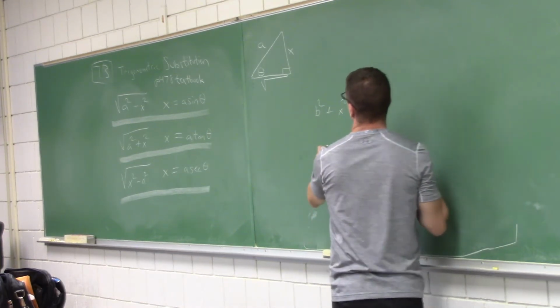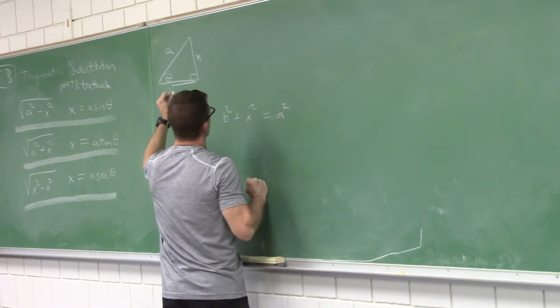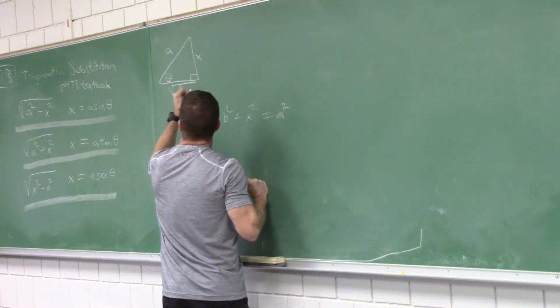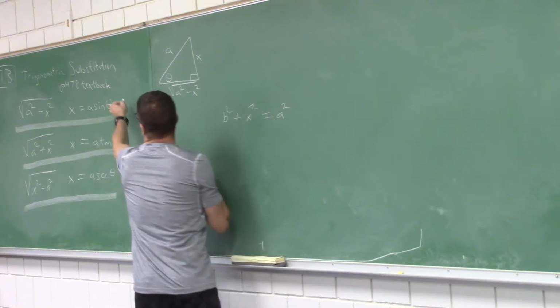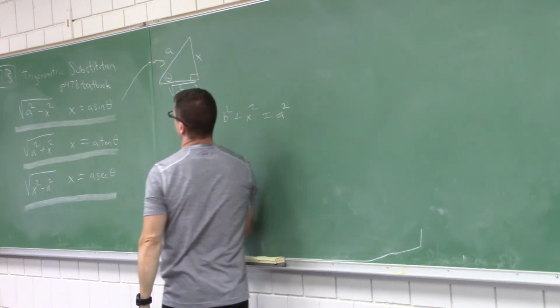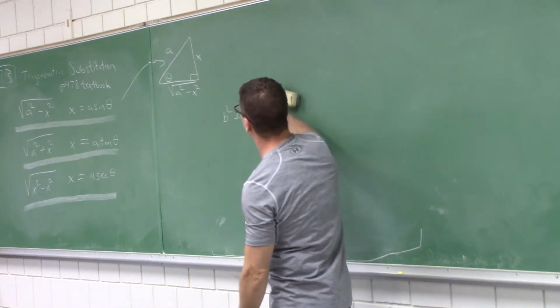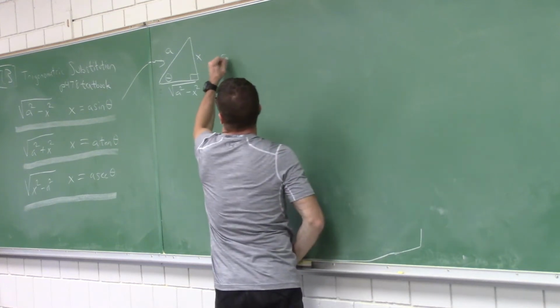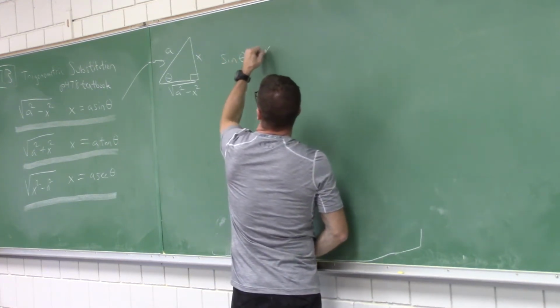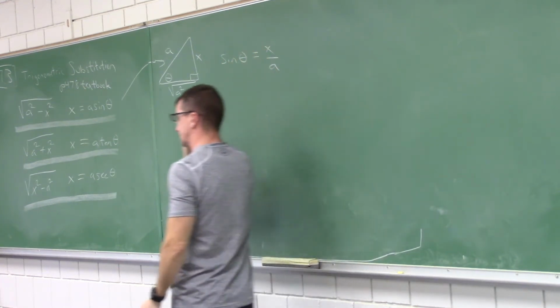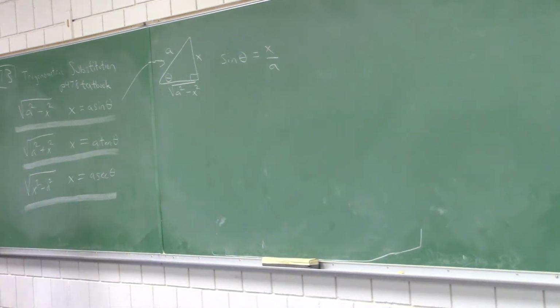So what would b squared equal? The square root of a squared minus x squared. This image goes with part 1, but you could check it over. I want to see that the sine of theta equals x over a in that scenario. I'm going to write the triangle backwards.